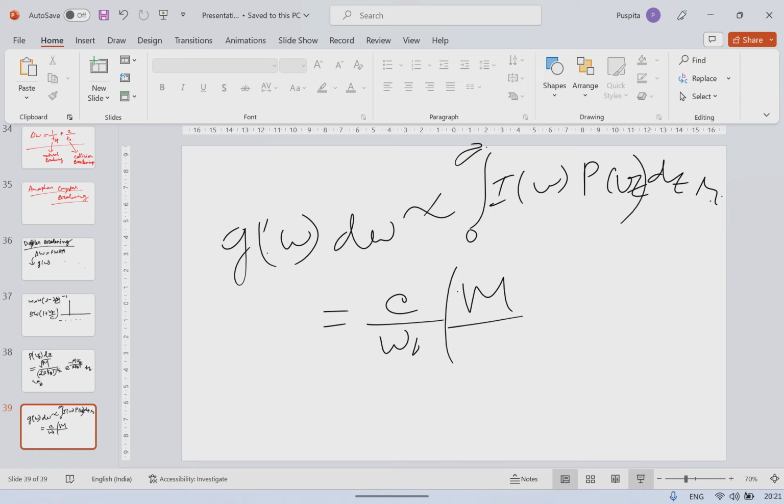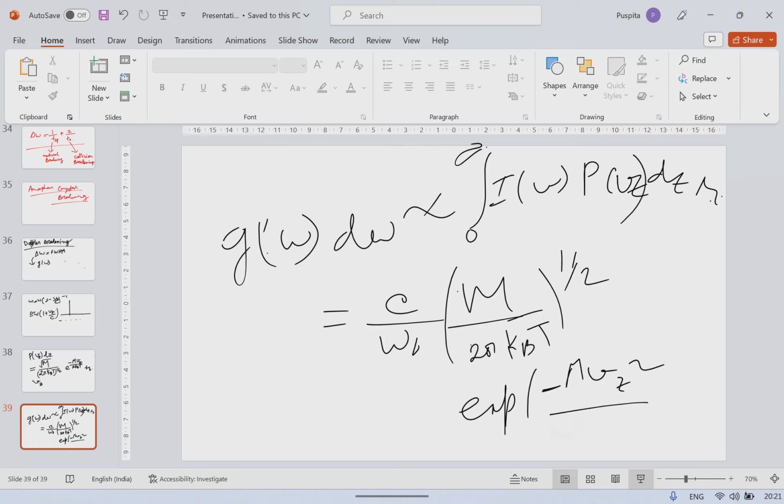So it will be (m over 2 pi kB T) to the power half, exponential of minus m vz squared over 2 kB T, dvz.